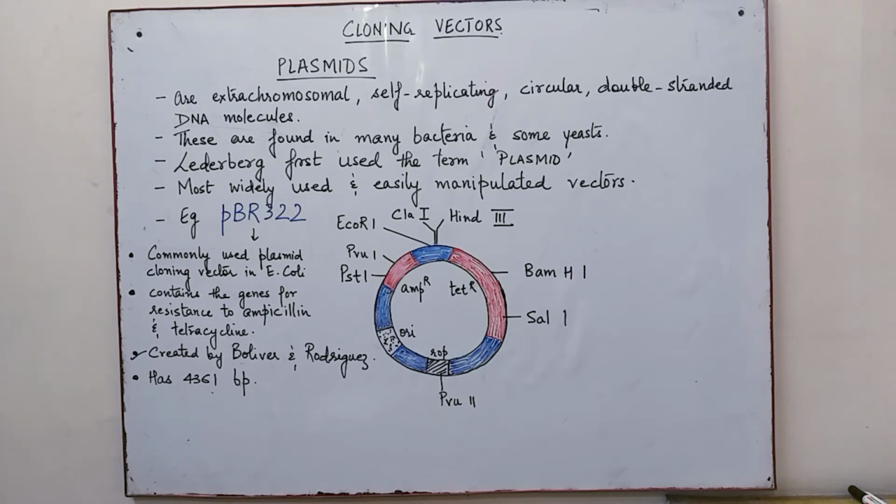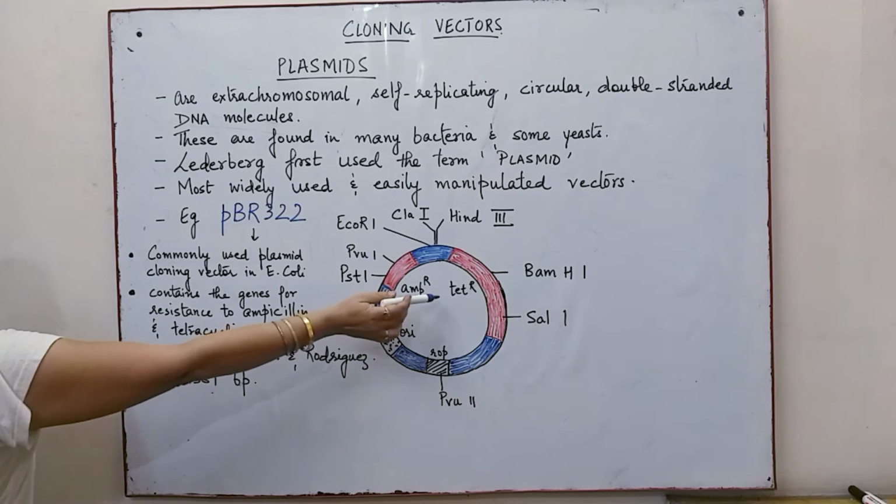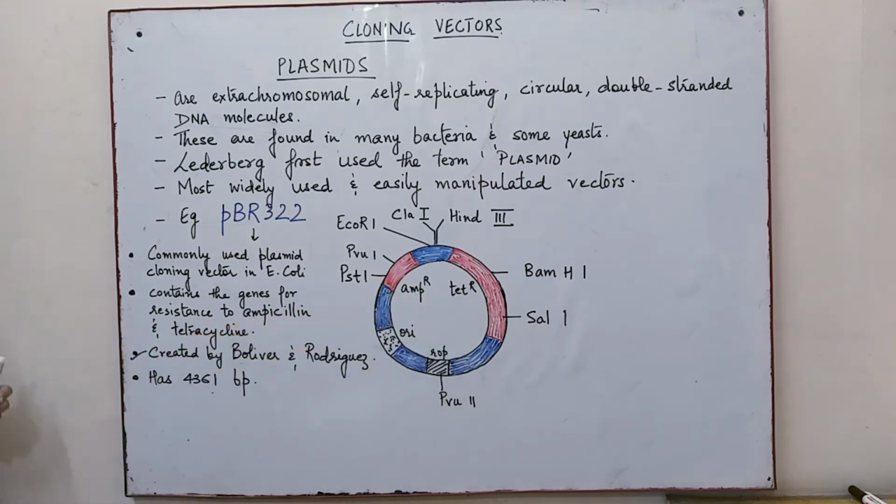Now, it has around 4,361 base pairs, and it has antibiotic resistance genes, that is AMP, ampicillin, and TET, that is tetracycline. Another important feature is that it has around 20 restriction sites.